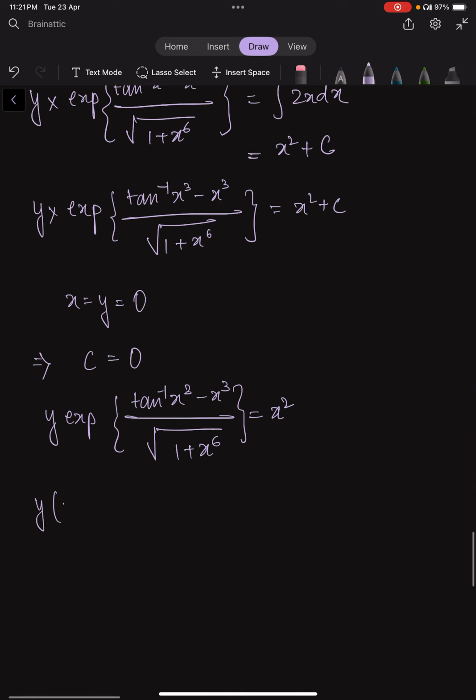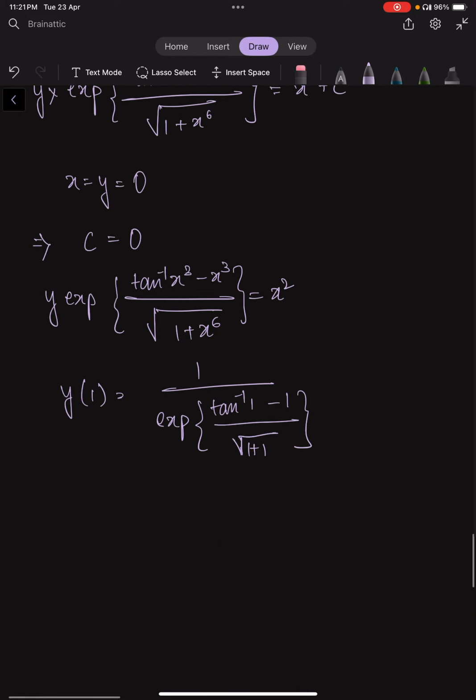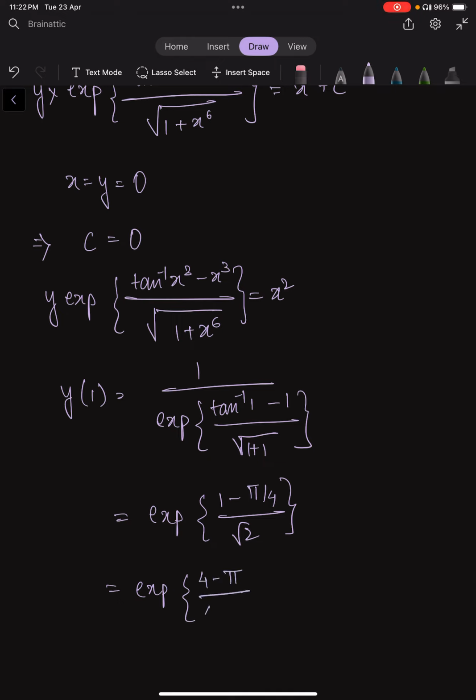Now we are asked to find y of 1. So we'll apply x equal to 1. y of 1 is equal to 1 by exponential of tan inverse of 1 minus 1 by root under 1 plus 1, and this turns out to be exponential of (1 minus pi by 4) by root 2, and this again I can rewrite as (4 minus pi) by 4 root 2.